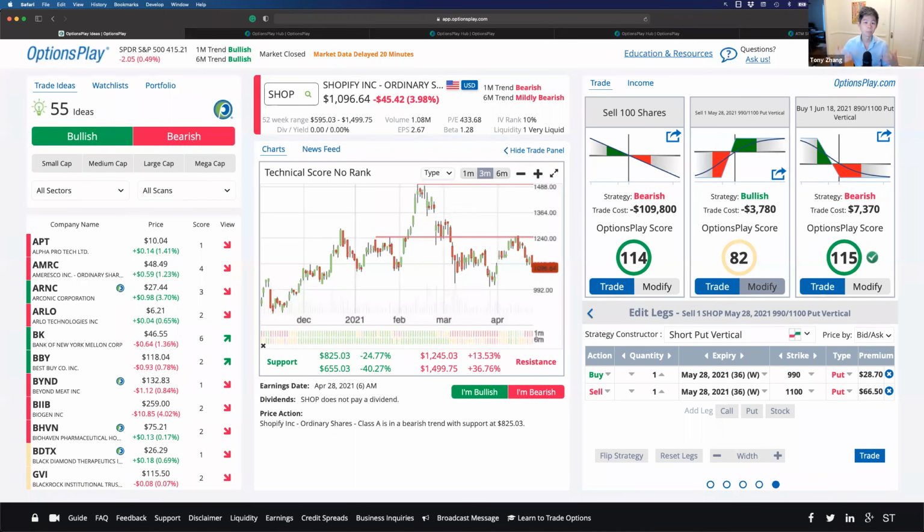Time spreads are probably as complex as it gets with respect to option strategies. So don't be afraid if this is your first time looking at these strategies and you're still a little confused. I highly recommend you go back to your education and look at buying versus selling options. Take the time to learn those building blocks, and once you do, these more complex strategies will all make more sense.